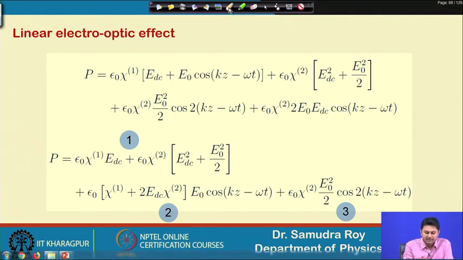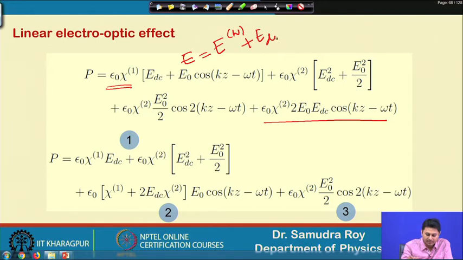So, this E_DC epsilon 0 term was there. In the previous case, there is a coupling term, and this is basically our total electric field E, because my electric field was E omega plus E DC. So, I write E DC plus E omega, the total electric field, here.